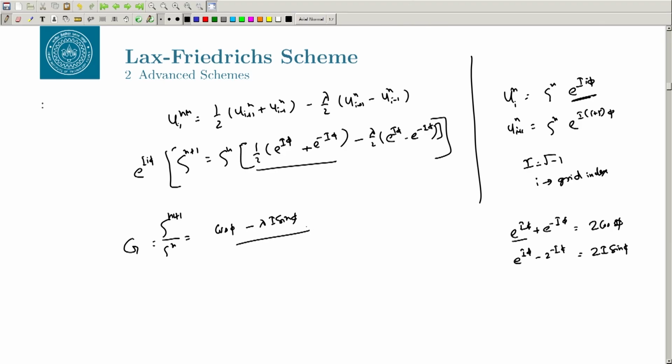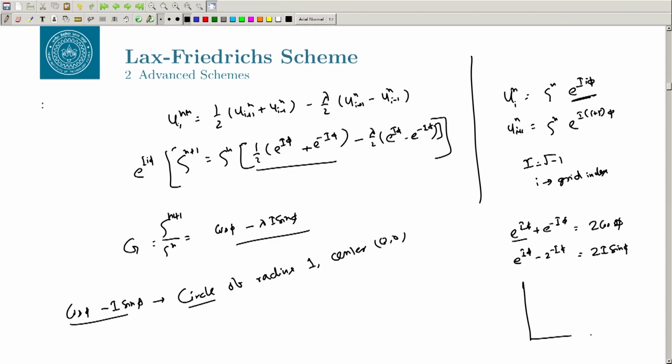If you had cos phi minus I sin phi, then this is a circle. Remember the Argand diagram, a circle of radius 1 and center 0, 0, in a complex plane. So, if this is your complex plane, this is your real versus imaginary.